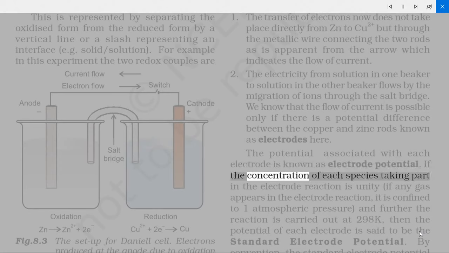If the concentration of each species taking part in the electrode reaction is unity, if any gas appears in the electrode reaction, it is confined to 1 atmospheric pressure, and further the reaction is carried out at 298 K, then the potential of each electrode is said to be the standard electrode potential.